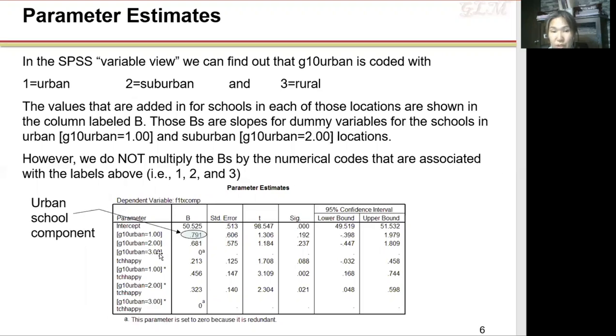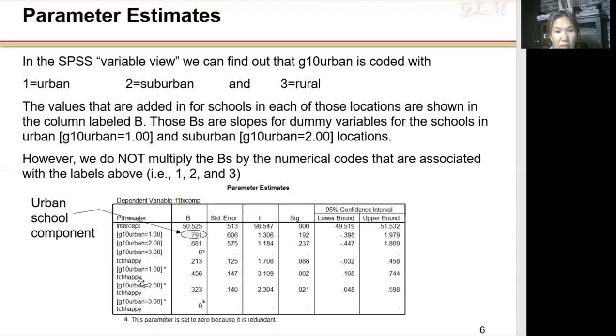Rural schools are the reference group. And teacher happiness is 0.213. This is the covariate, the covariate for the teacher happiness slope.